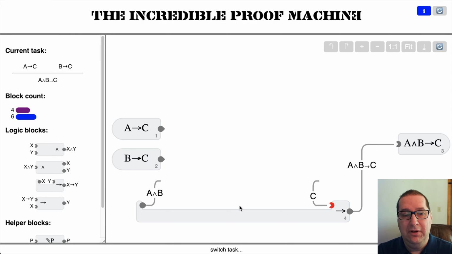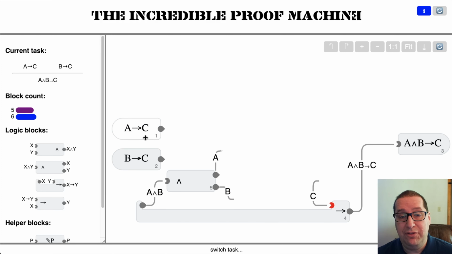So starting out, my sub-goal is to prove C. If I can prove C, then I'm done with the proof essentially, because of this rule here. When I have A and B, I can eliminate that and that gives me separately A, and it gives me B. And I have these two implication rules that I can use freely because they are givens.